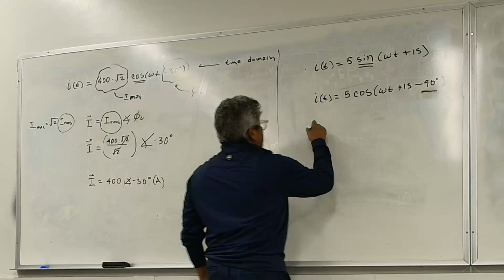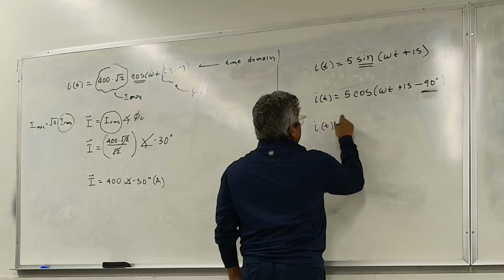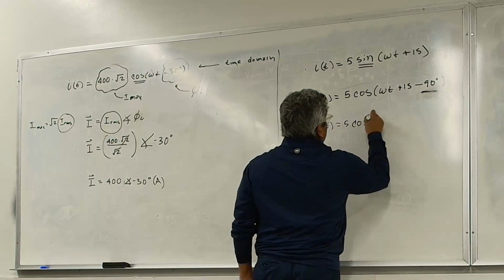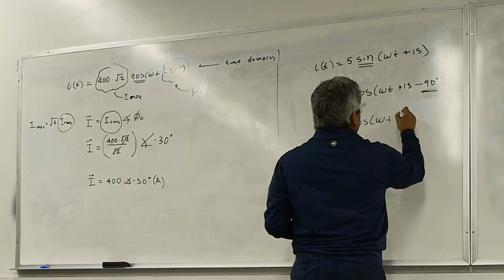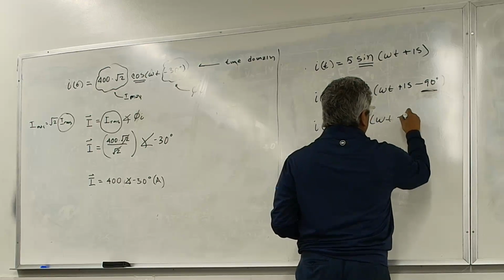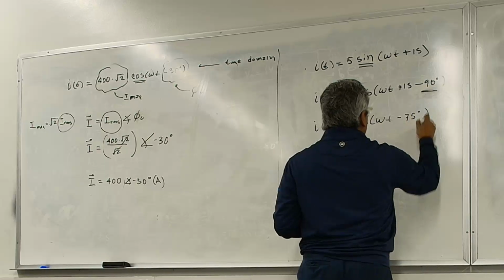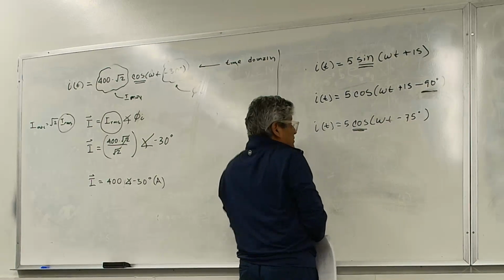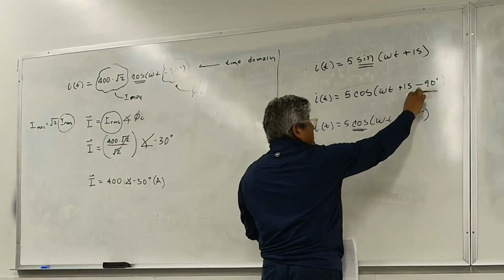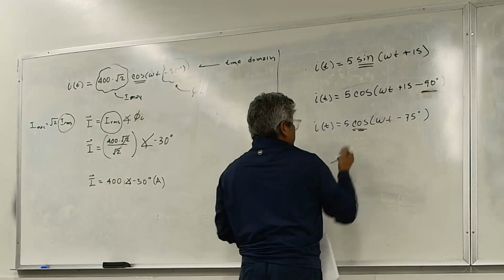And we can rewrite as i of t is equal to 5 cosine omega t minus 75 degrees, right? So now I have the same signal, it hasn't changed. The only thing is that I shifted it to make it a cosine.